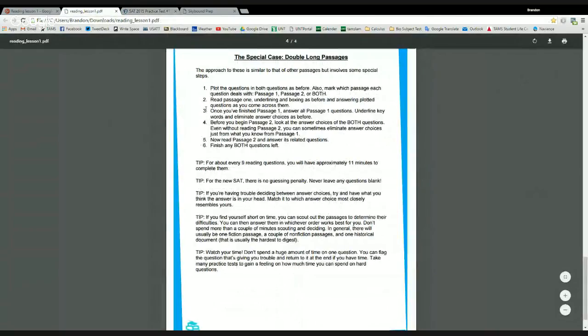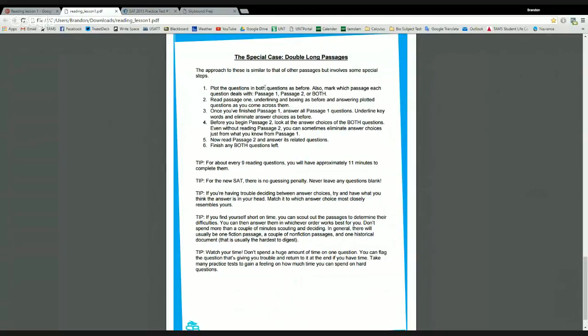Simple as that, just a change in the order of plotting, reading, and answering. It's quite simple, so just follow that order and you should be able to do double passages as easily as single passages.